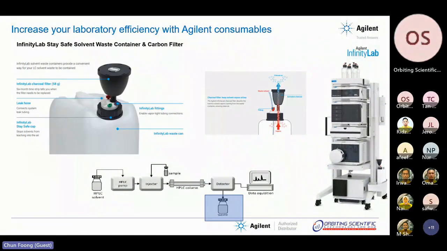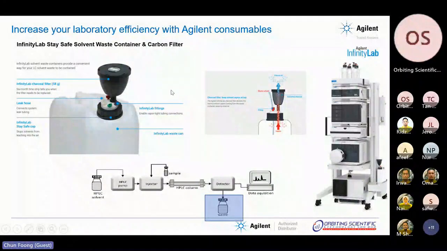Okay. So the last part after the detector would be the waste. Whatever is pumped into the LC system through the column to the detector will come to the waste, so it collects anything we introduce. It is important that apart from capping our mobile phase, we must also cap our waste can.